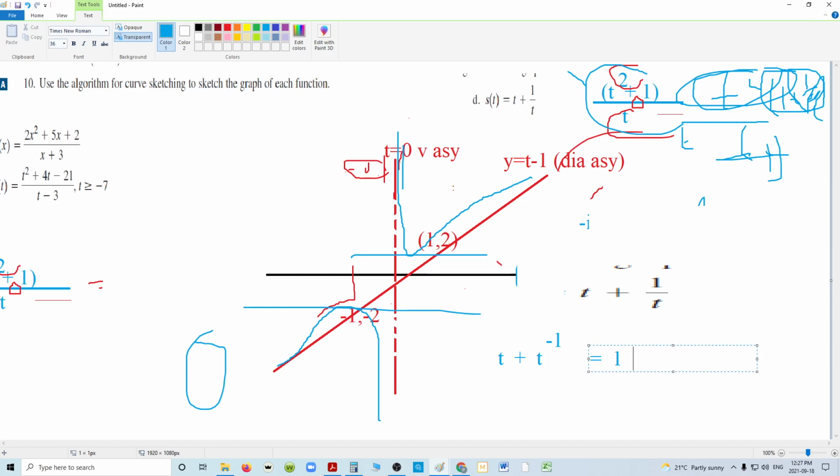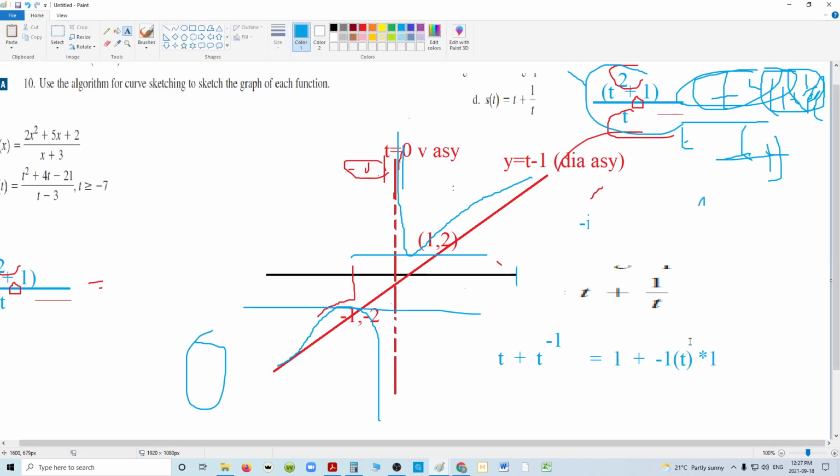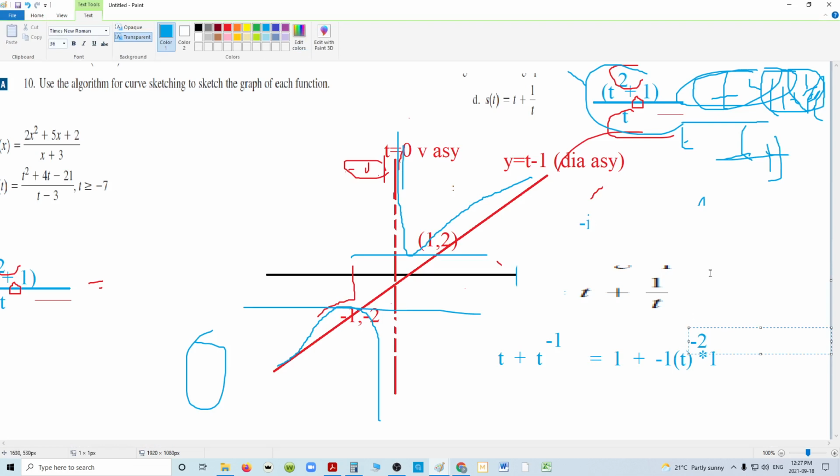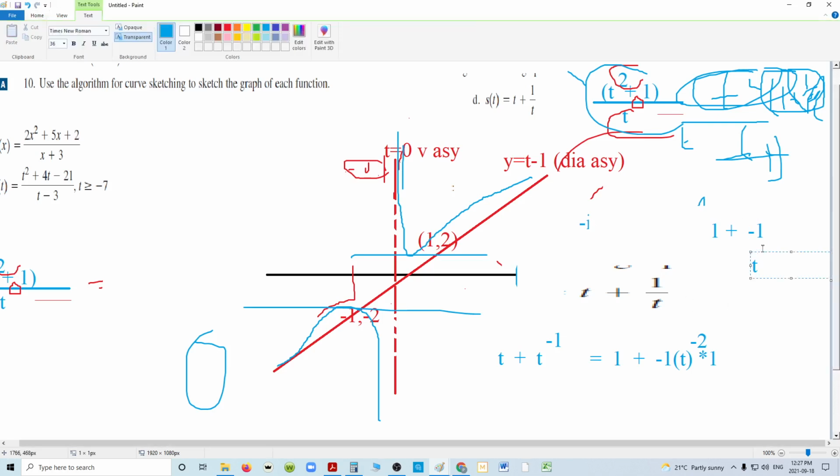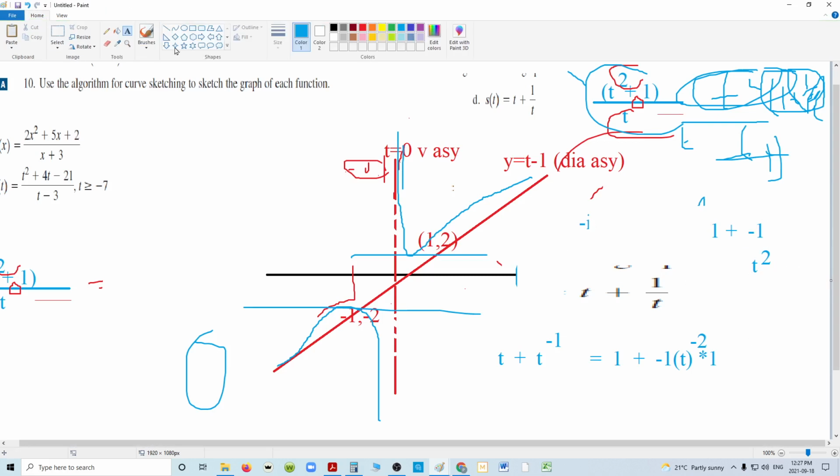Well, you get minus 1 times t to the minus 2 times the derivative of t, which is 1. So you get 1 plus negative 1 over t squared. There, that's our first derivative.